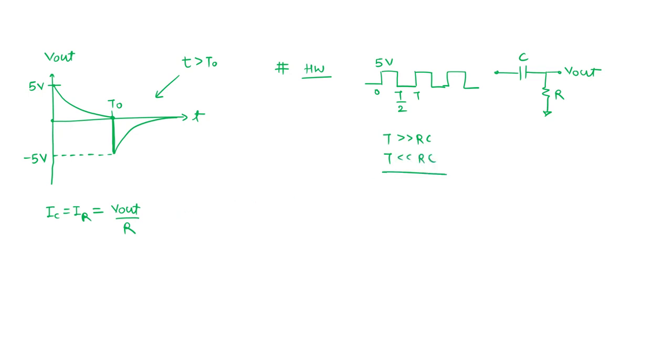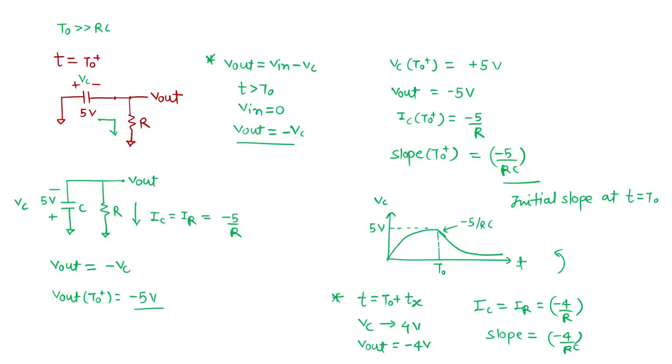And in the previous circuit also, the case of T much lesser than RC remained. So I am leaving this as a part of homework. If someone is not able to solve it, I'll discuss all these things in the next video, where we will see both cases for this circuit and the left circuit.